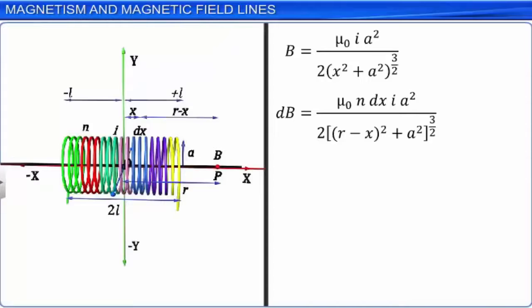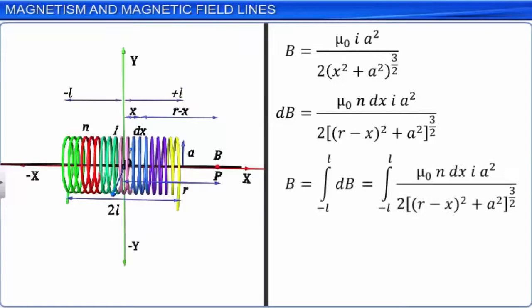Thus, the total magnetic induction at the point P due to the solenoid is B equal to the integral from minus L to L of dB. That is equal to the integral from minus L to L of mu naught n dx I A square by 2 into (r minus x) square plus a square whole power 3 by 2.